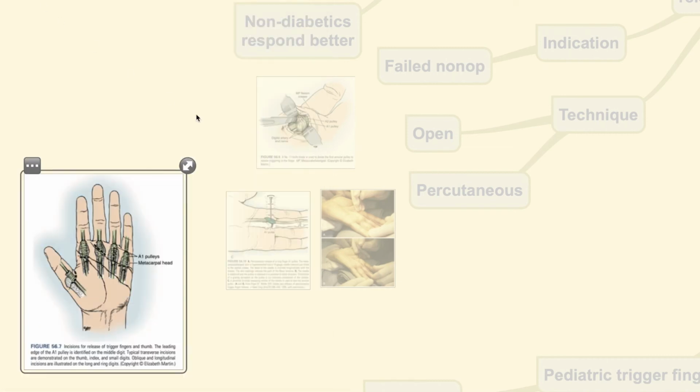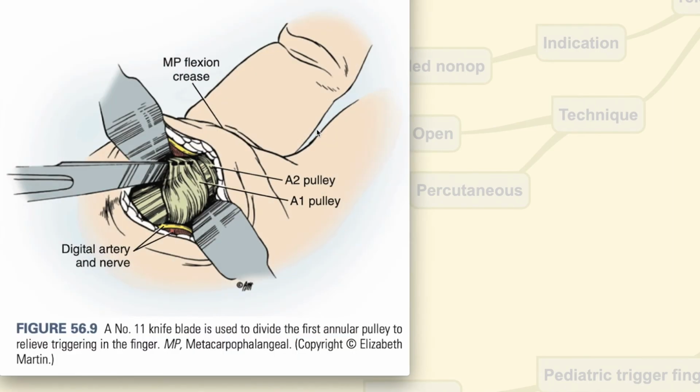And besides that, for the open surgery, another important point that we should remember is that visualization of the digital artery and nerve is important to avoid inadvertently cutting these structures. Besides that, the distal edge of the A1 pulley and the proximal edge of the A2 pulley is sometimes incontinuous, and we can accidentally cut the A2 pulley, and this may have deleterious effect.